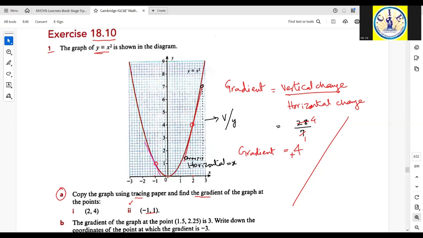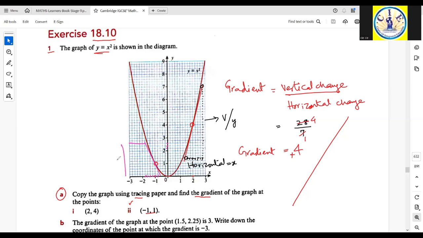We can see that 1, 2, 3, 4, 5, 6 is the horizontal change, and for the vertical change, it is going till here, that is 2.3.